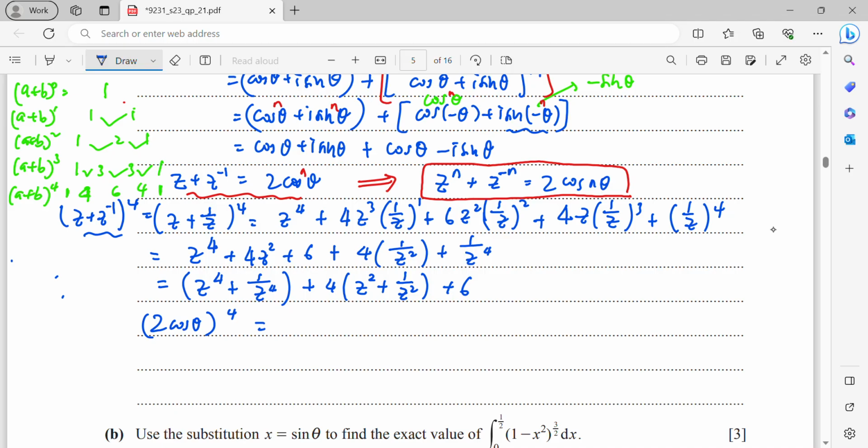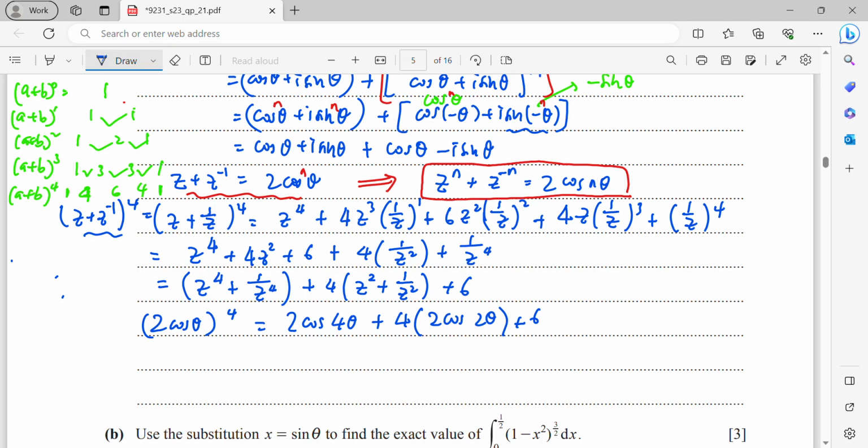So now I will replace z to the power 4 plus 1 over z to the power 4. Now I will replace my n by 4. So it means that I will get 2 cos 4 theta plus 4 bracket 2 cos 2 theta, because my n is 2 now, then plus 6.